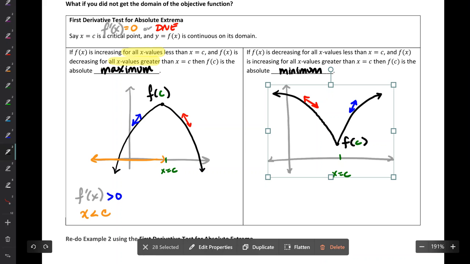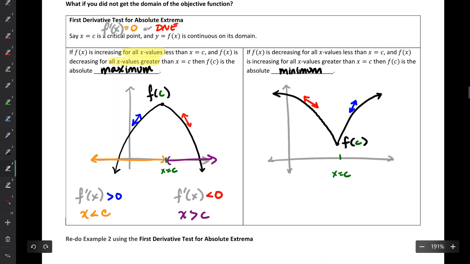And then the first derivative is negative, less than 0, and that's on this domain, x values greater than c. This one, first derivative is negative. Those are negative slopes, less than 0. That's on this domain, x less than c. Here, first derivative is positive. Positive means greater than 0, and that's on this domain.